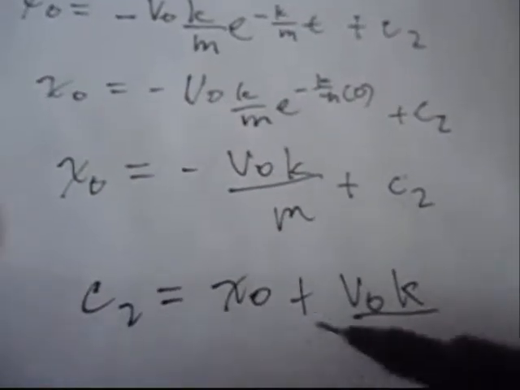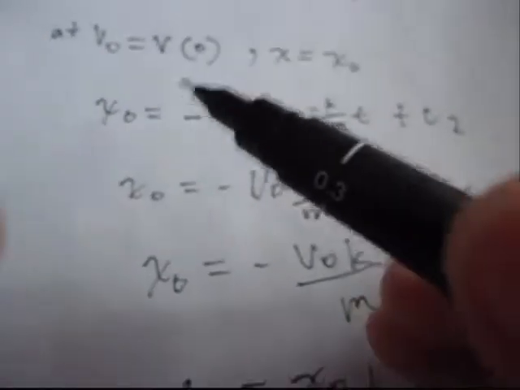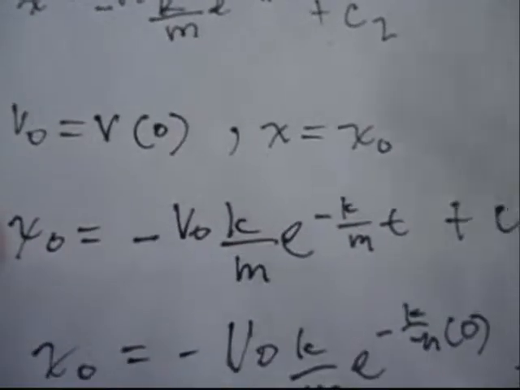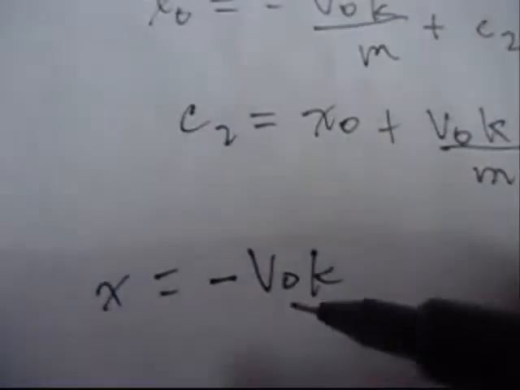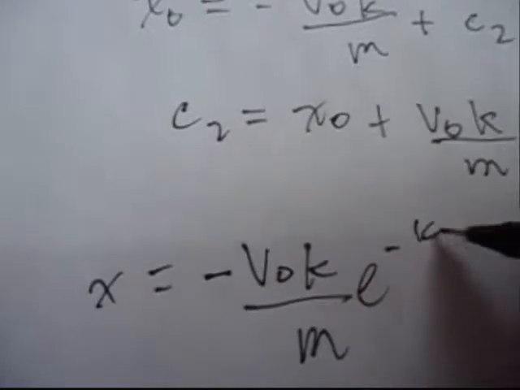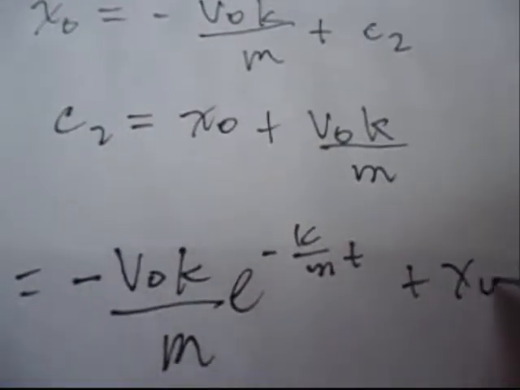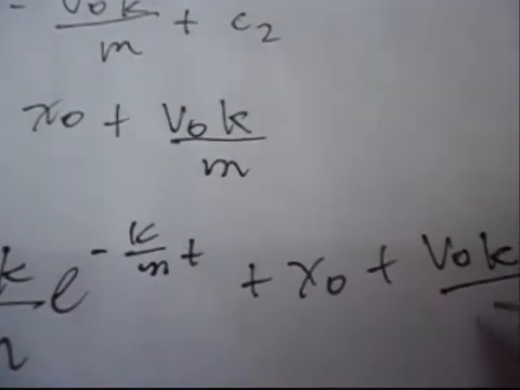So now that we have the value of c2, we can substitute it into our expression of x. So we have x is equal to negative v sub o m over k times e to the negative k over m t, plus x sub o plus v sub o times m over k.